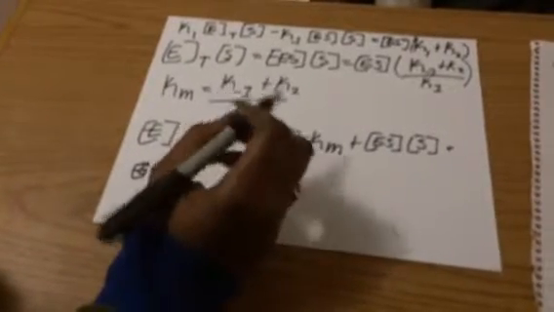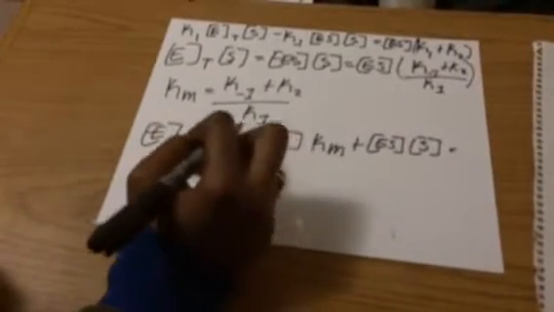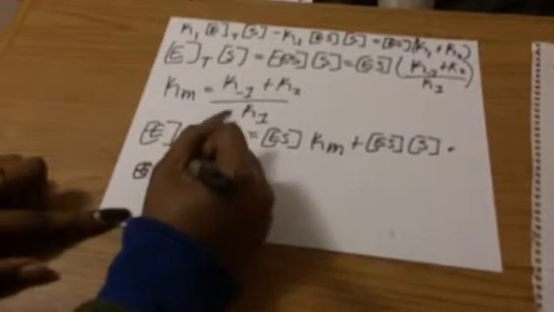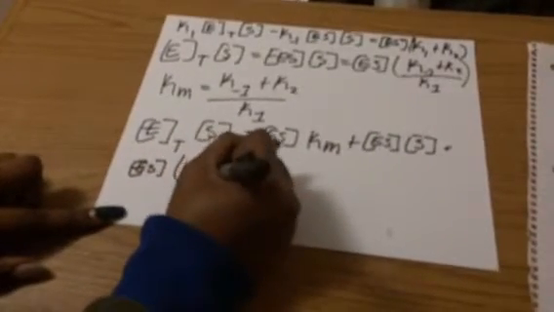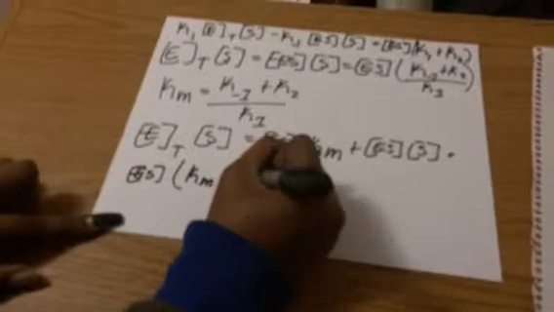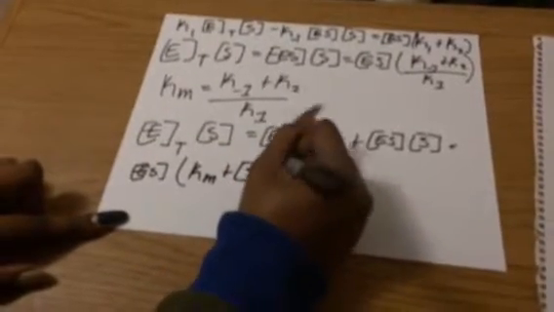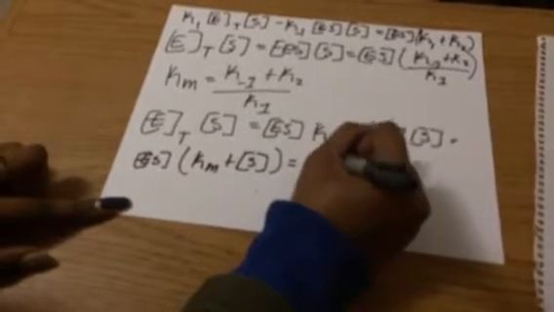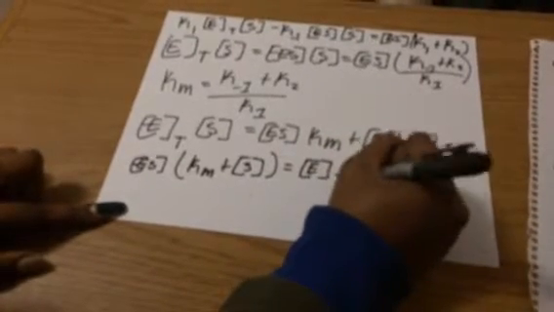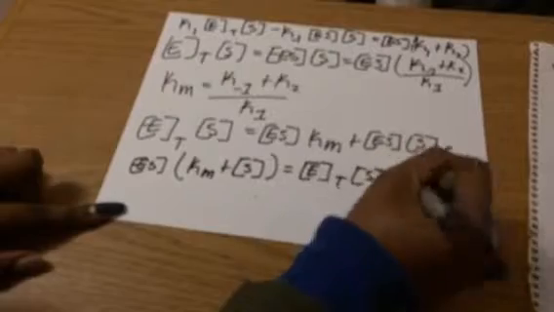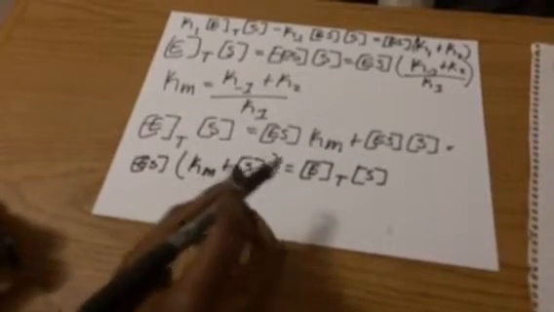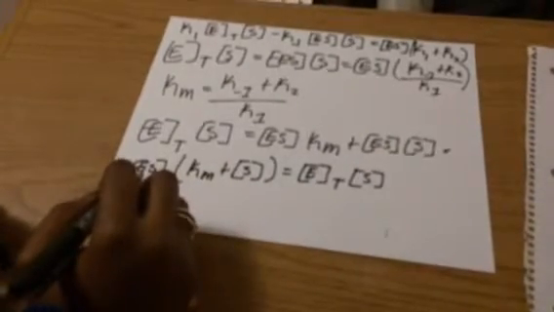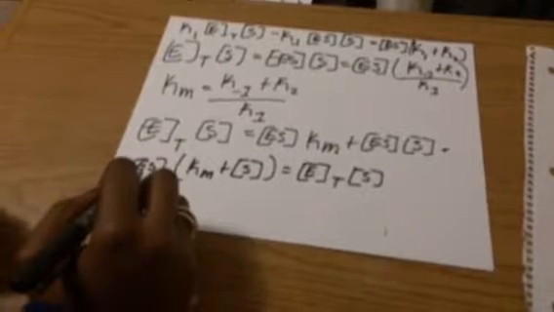Next, I'm going to switch up the right and the left sides of the equations to clear it up. Also, I factored out the common term ES on the new left side.